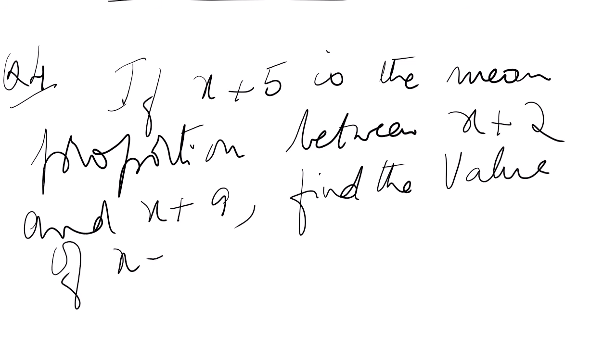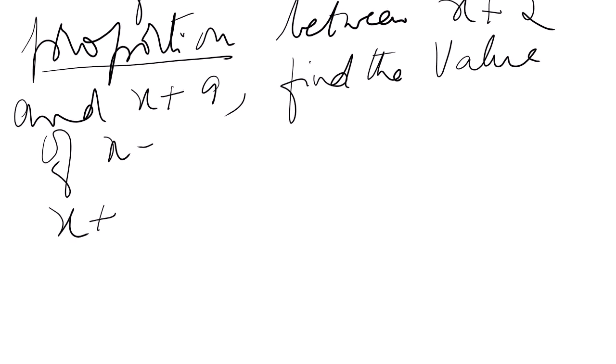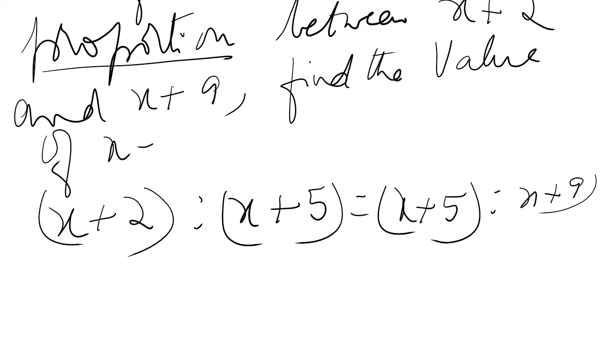Okay, so what is given? x plus 5 is the mean proportion. So that means x plus 2 is to x plus 5 is equal to x plus 5 is to x plus 9.